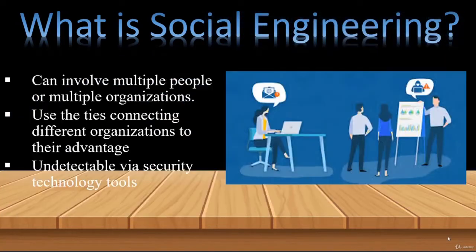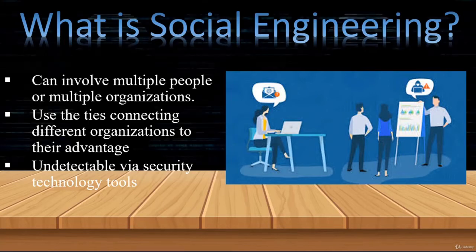Social engineering attacks can be very elaborate and involve multiple people or organizations. The more research conducted by these cybercriminals, the more effective the attack can be. They can use third-party companies or even your customers that you do business with. And it all starts with an email or a phone call.